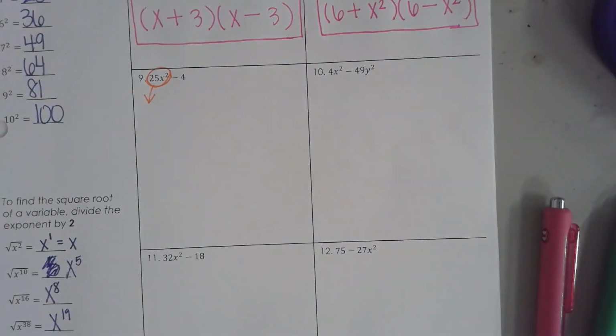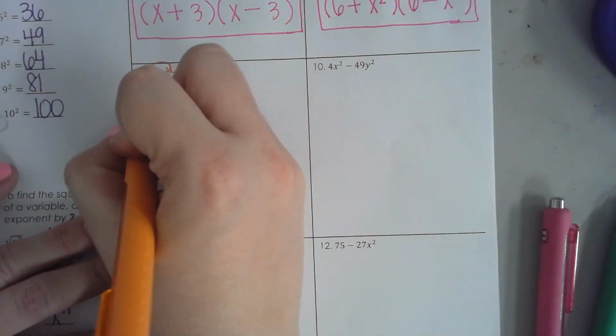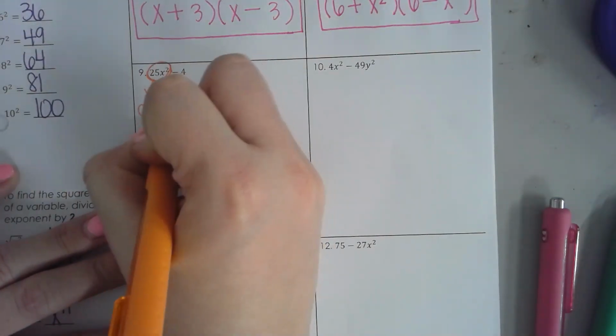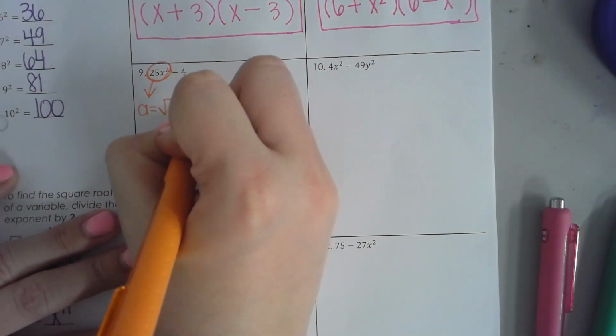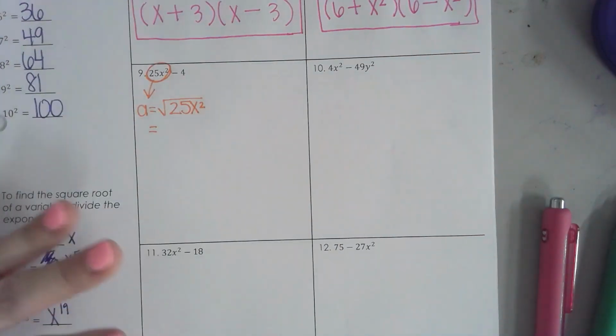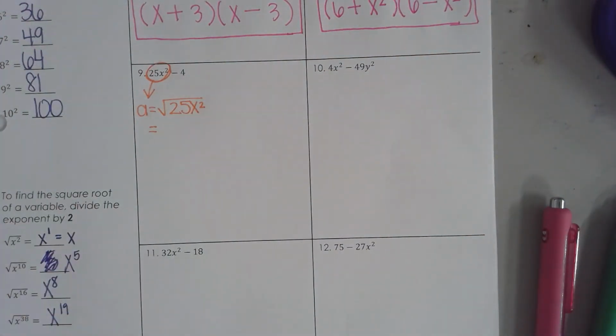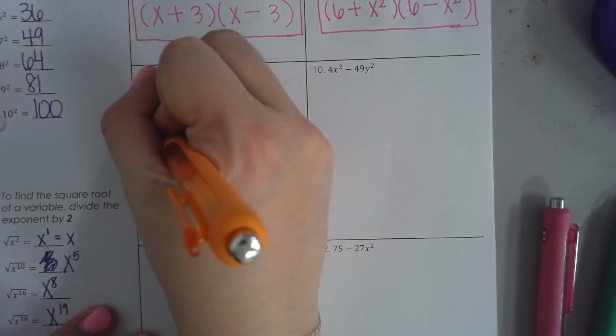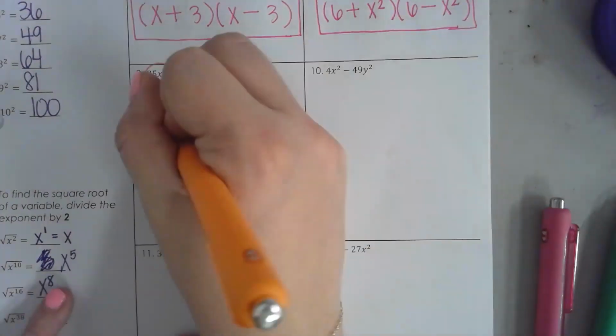Number 9. A is the square root of 25x squared. If you have two separate things, just take the square root of them separate. What's the square root of 25? 5. What's the square root of x squared? X. Oh, forgot.